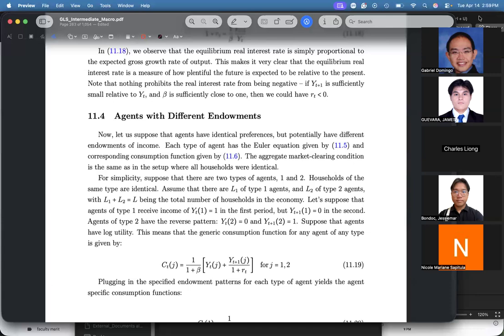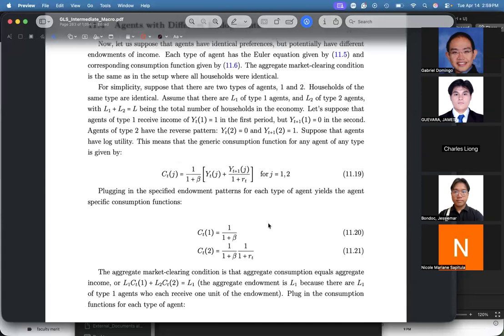Okay. If you were to do that, and you would then substitute the values of yt and yt plus 1 for both types of agents, you will get the following: 11.20 and 11.21, CT1 and CT2.